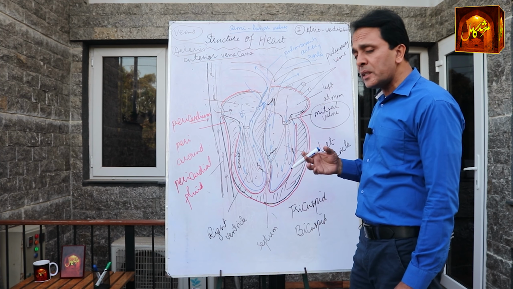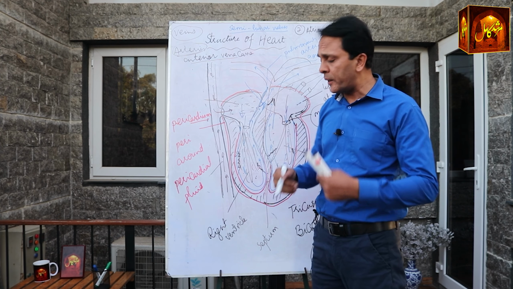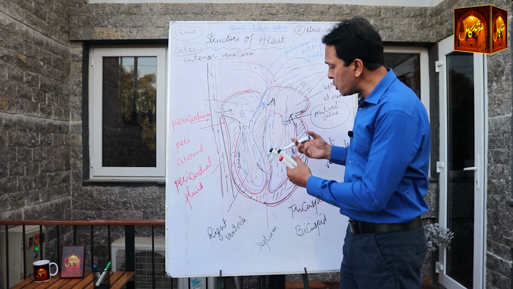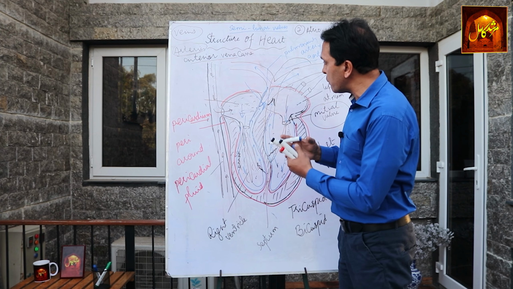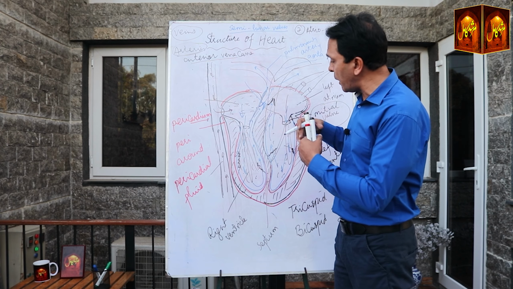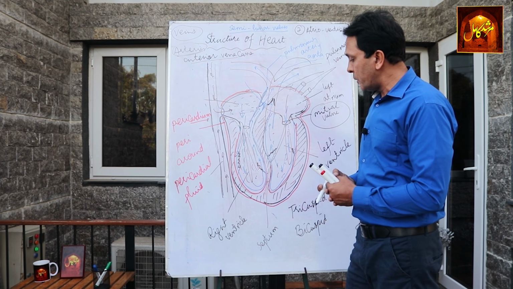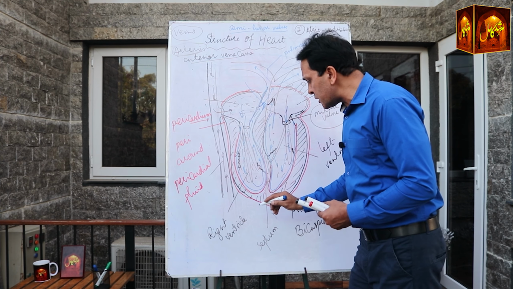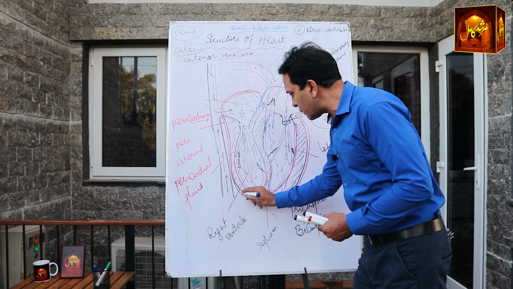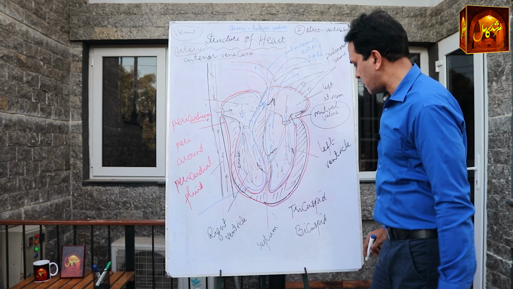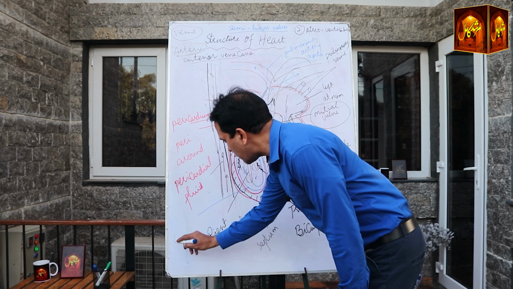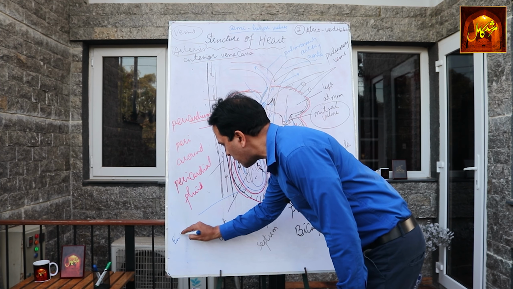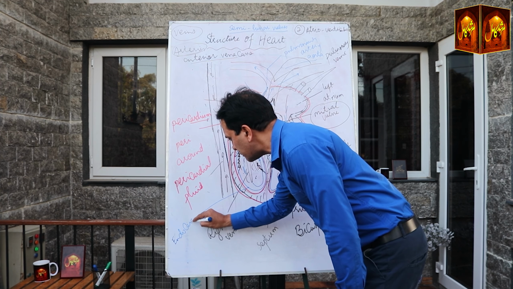Just to facilitate the smooth flow of blood. It's a smooth layer, so blood flows smoothly towards the lungs and out of the heart towards the body. So this membrane is called endocardium.